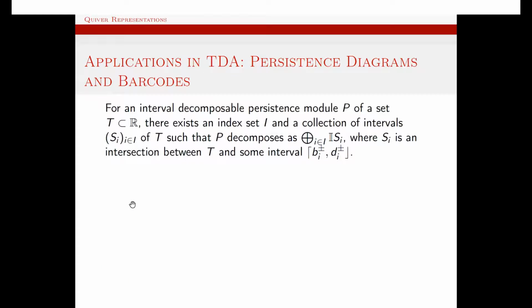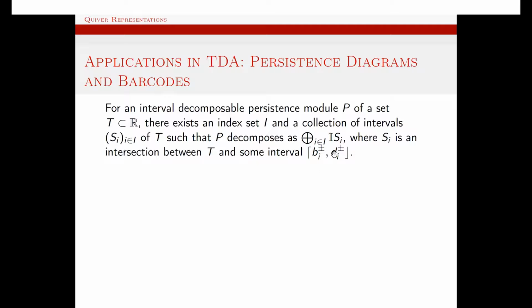What we do know is if we have interval decomposable persistence modules, which means that either T is a finite set or the vector spaces are all finite dimensional, then there exists an index set I and a collection of intervals over I, such that the module will decompose nicely, and then we can think of S_i as intersections between T and some interval B_i to D_i.